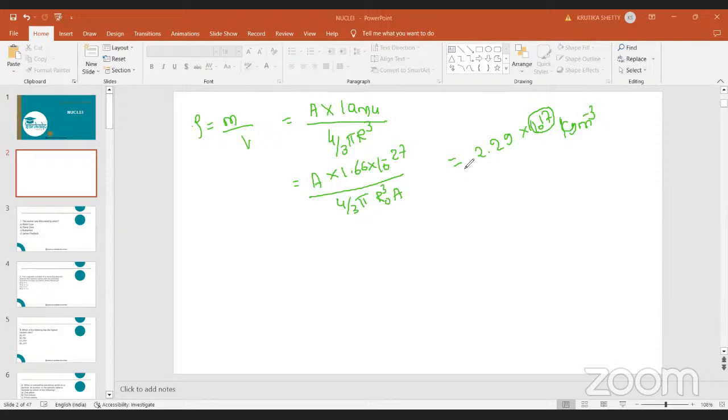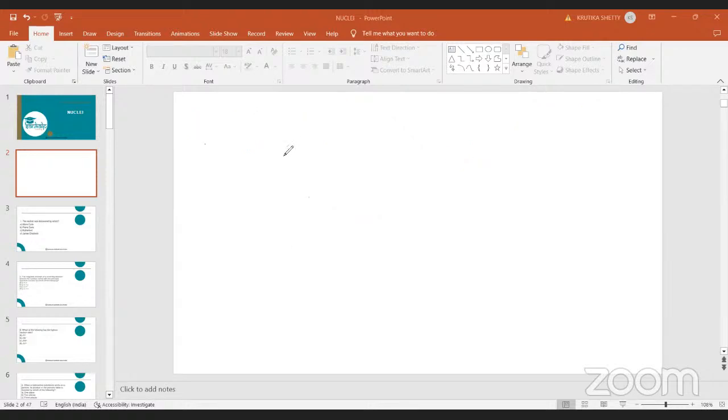Then next we have the mass defect. So what is mass defect here? Mass defect we denote by delta m. We already know that an atom consists of protons, neutrons and electrons. So there is an individual particle mass. If I calculate these individual particle masses and the mass of the atom, there is a slight difference.